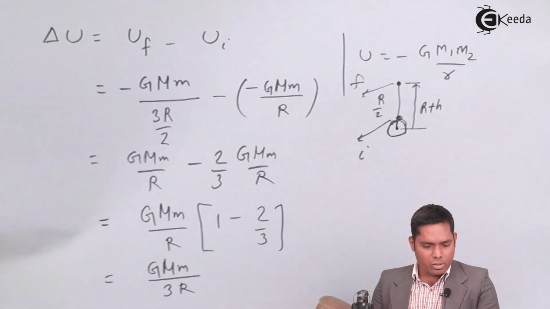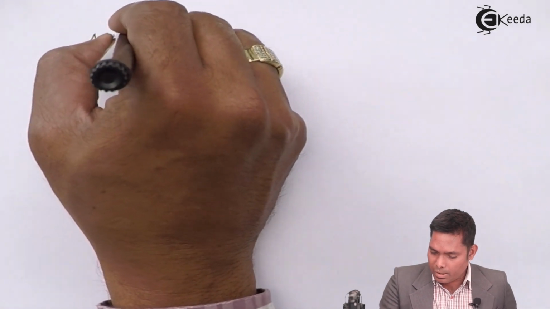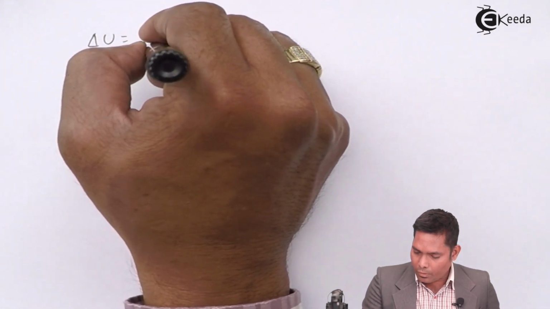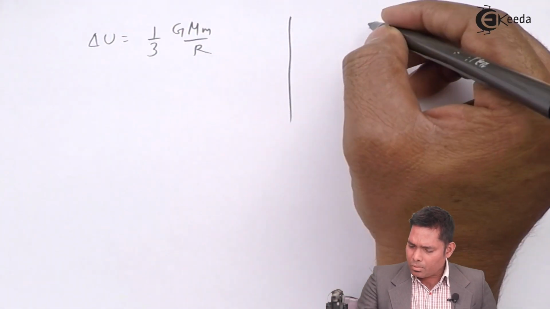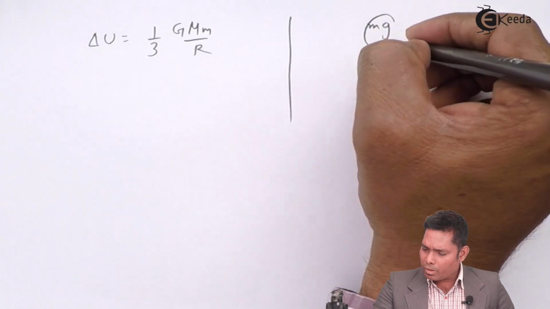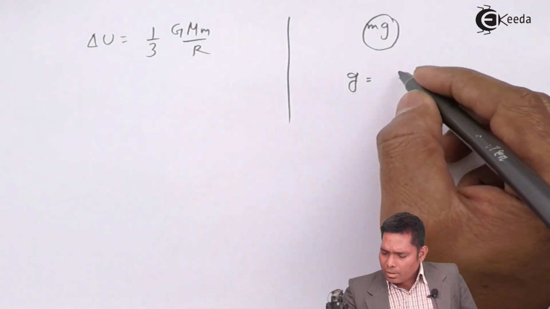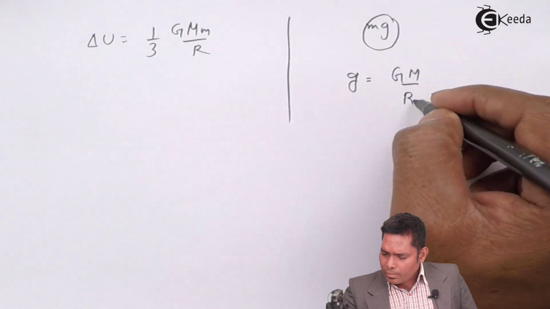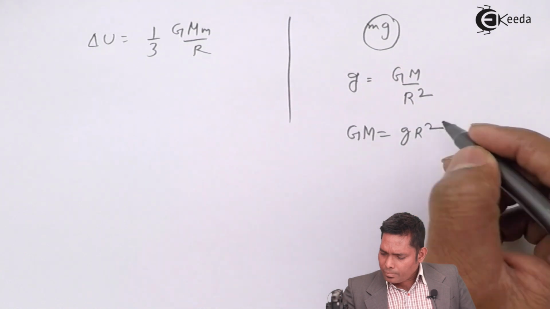That I also write in terms of small g. So change in potential energy is 1/3 G M m over R. But in terms of small g, what will the answer be? We know that this small g is G M over R square. So therefore G M will be g R square.